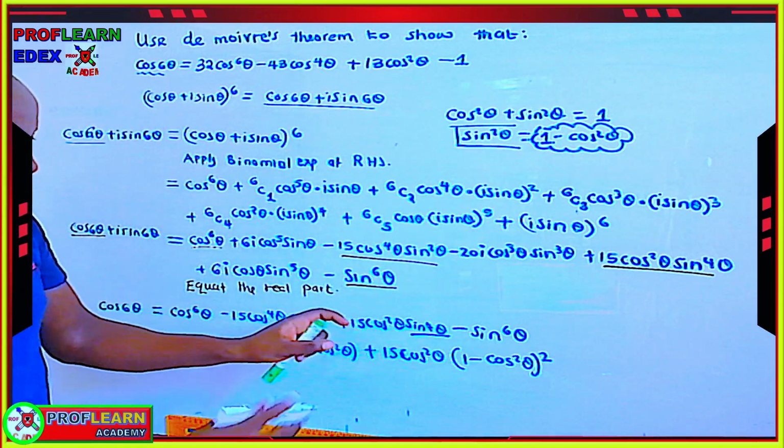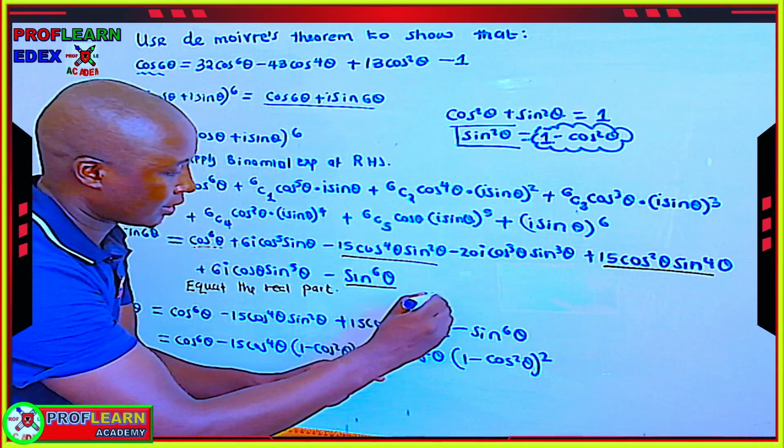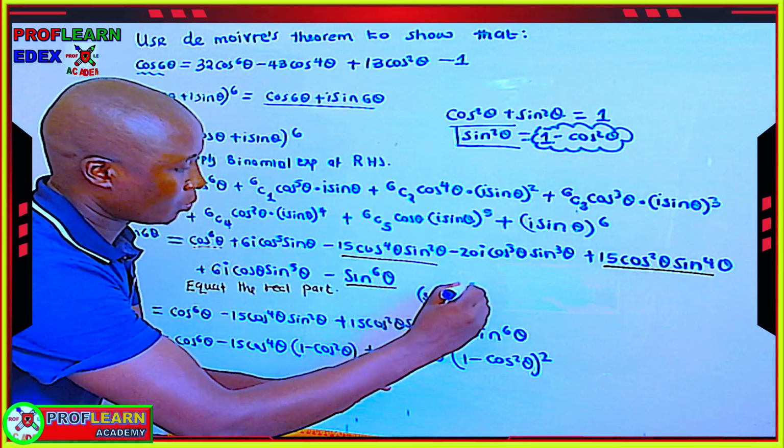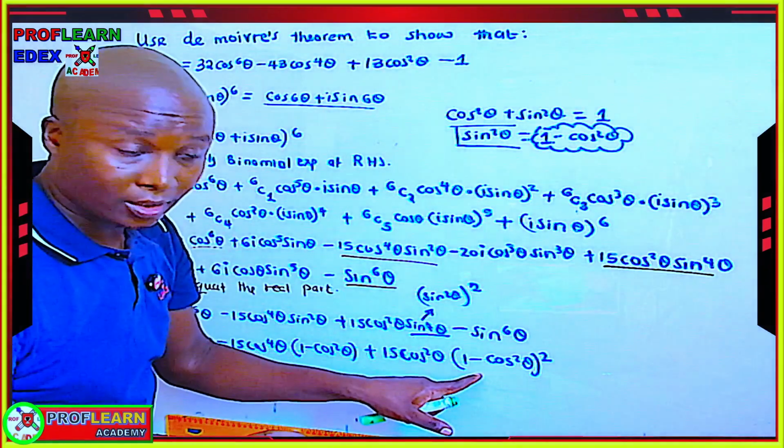So I can say this can be written as sine squared theta raised to power 2. So that's why you can see I'm doing this part at this point.